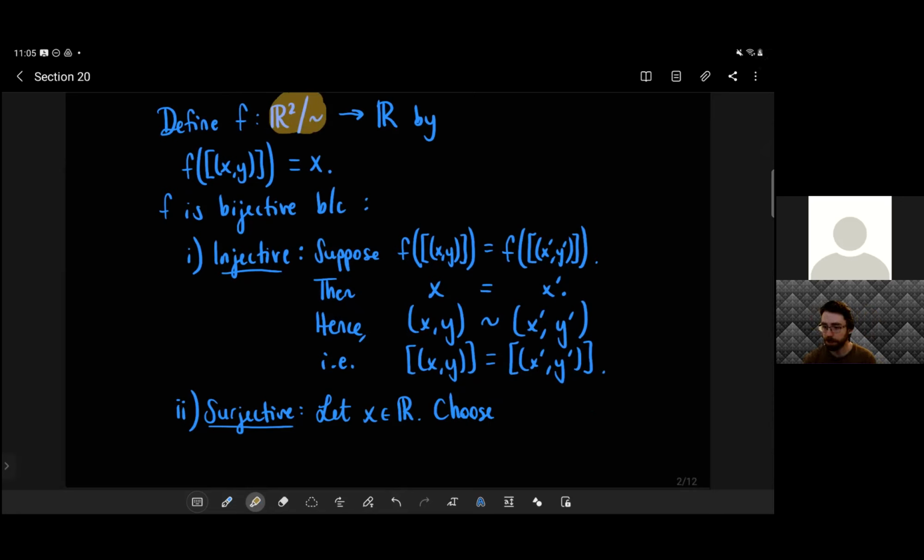There are a bunch of right choices. We know that for any x value I pick, there are a ton of equivalence classes that get mapped onto it, right? Anything on the vertical line. So you might as well pick y equals 0, but you don't have to. You can pick anything you want.